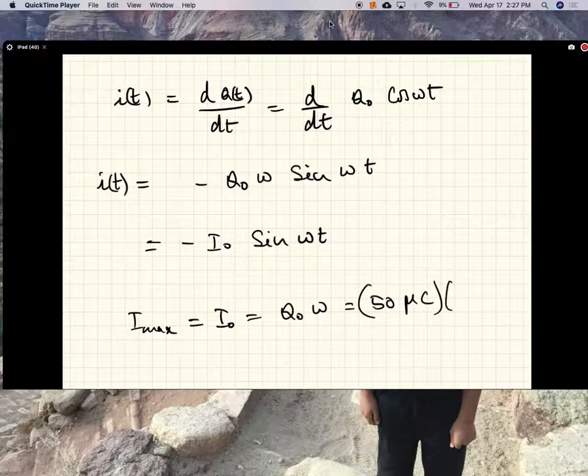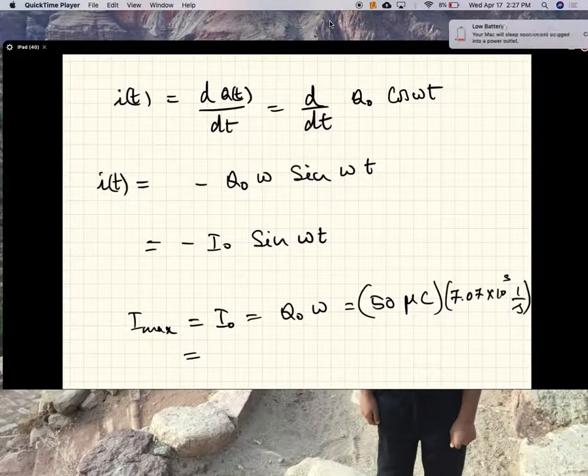That's 50 microcoulombs times omega, which we figured out is 7.07 times 10 to the power 3, 1 over seconds. So this works out to 0.35 amps.